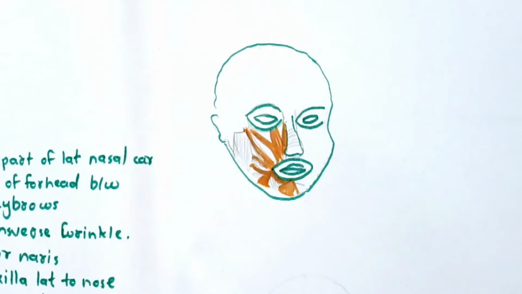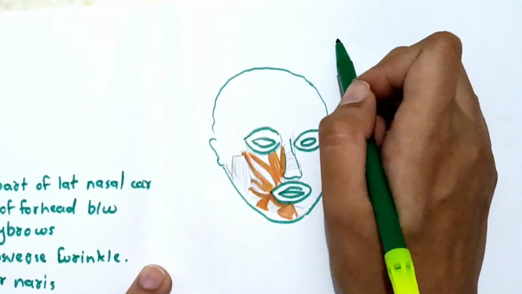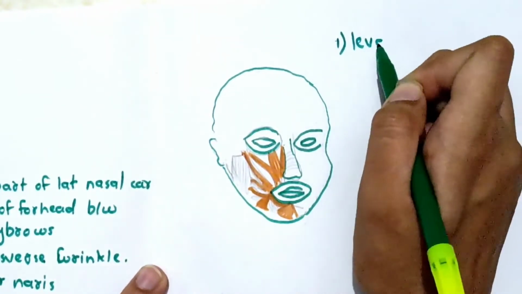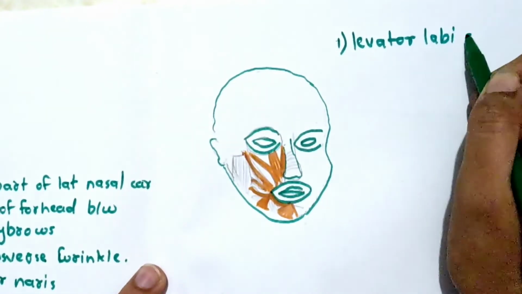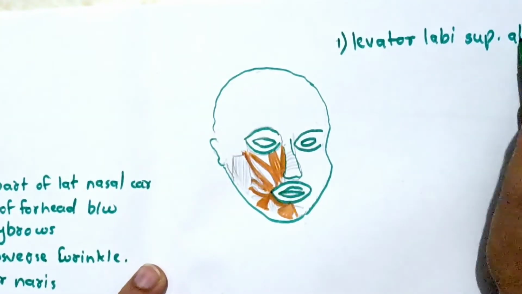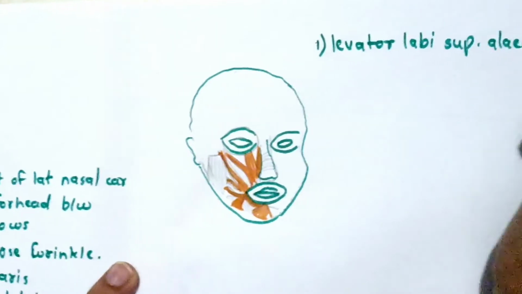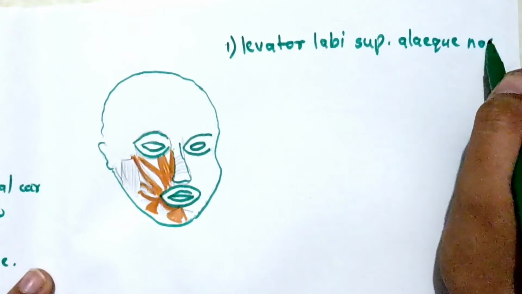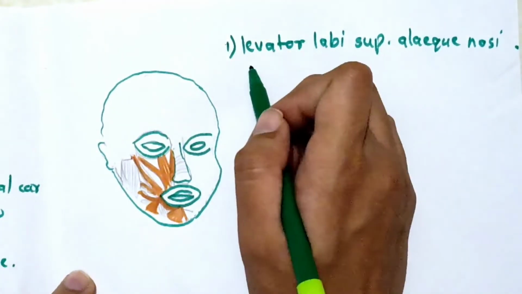Now let's see them separately. So which one is the first muscle? Levator labii superioris alaeque nasi. So what is its origin?